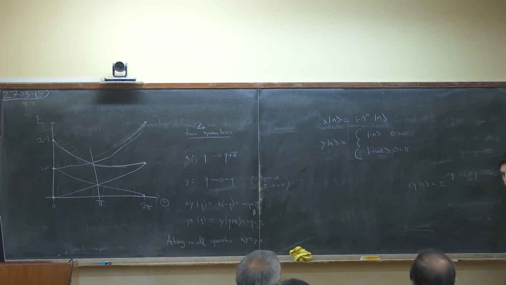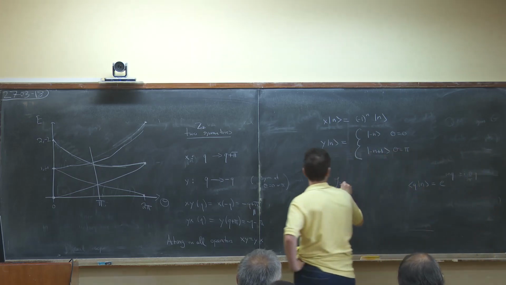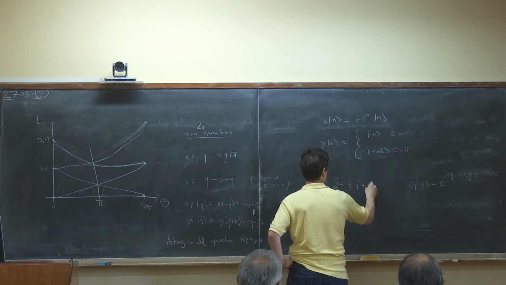I thought when you did it, you said the conjugate momentum has to be d by dq. The Lagrangian was, d by dq is equal to q dot minus q dot.